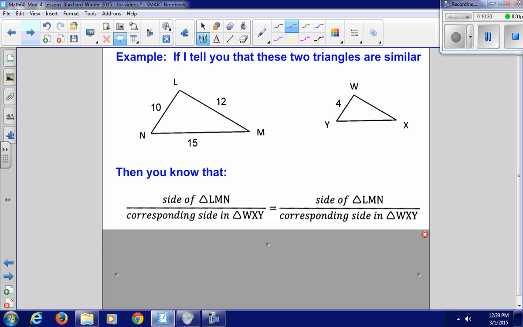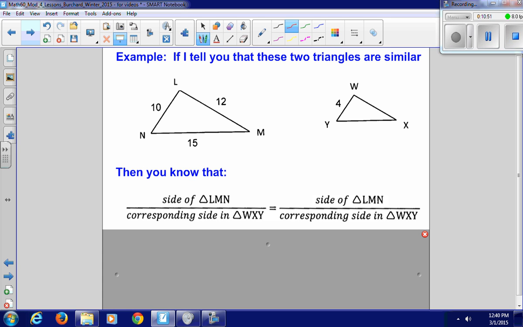So because we know these two triangles are similar, we know that the ratios of their sides are equal and make a proportion. That's a new thing. That's what we're going to use to solve these problems. So I want to explain to you what that means.